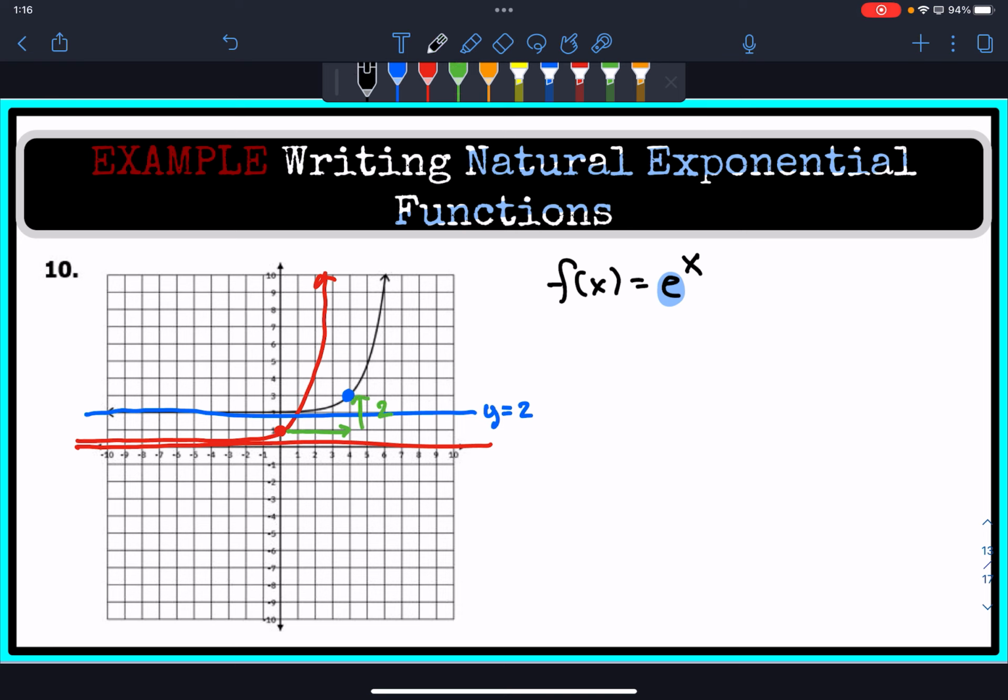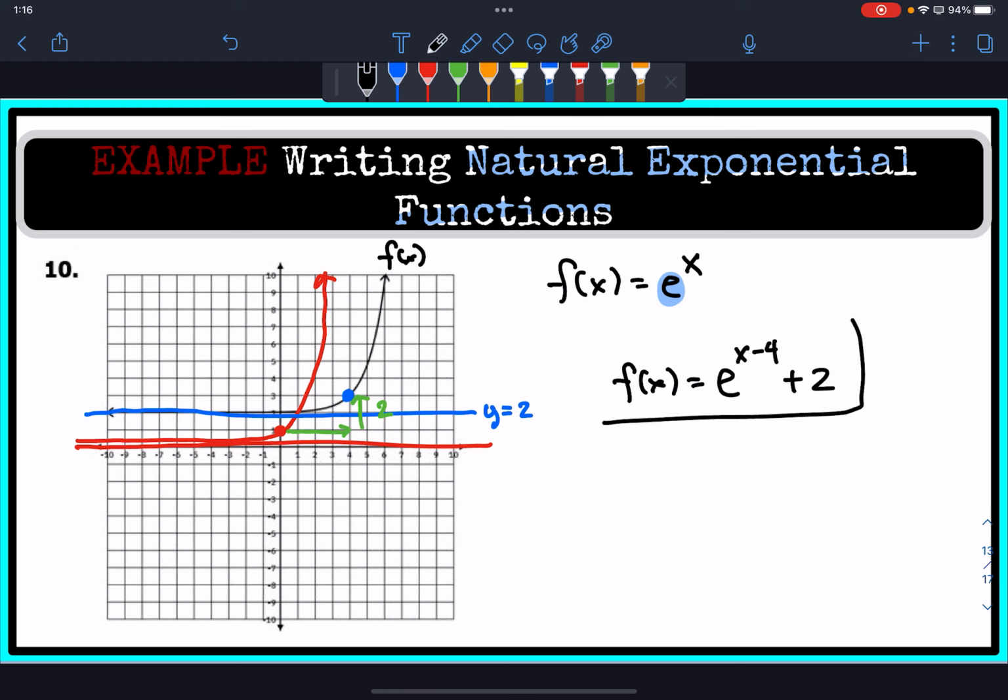So the equation for f of x, this graph right here, is e to the x minus 4, that's going to shift it 4 units to the right, and then plus 2. So this is the equation to that graph, again assuming that the base is the natural base, which I'm telling you it is.